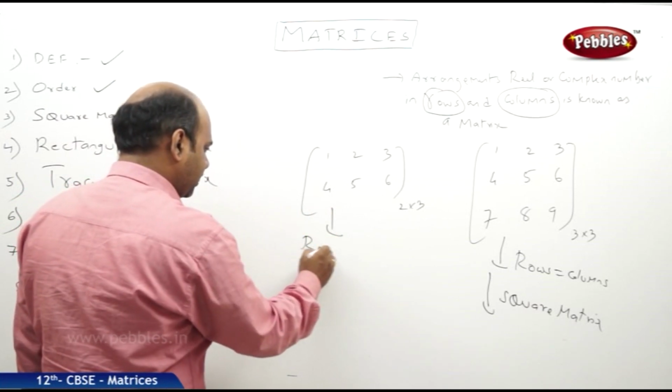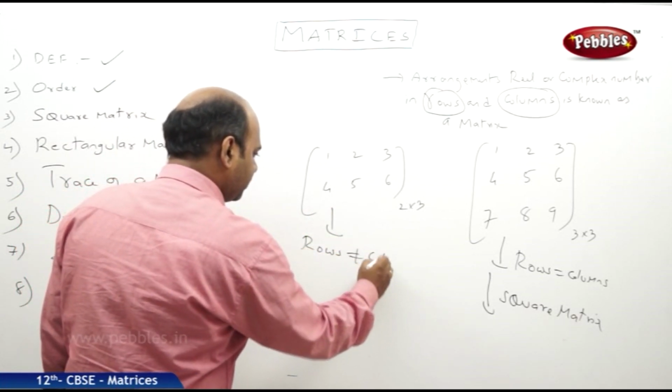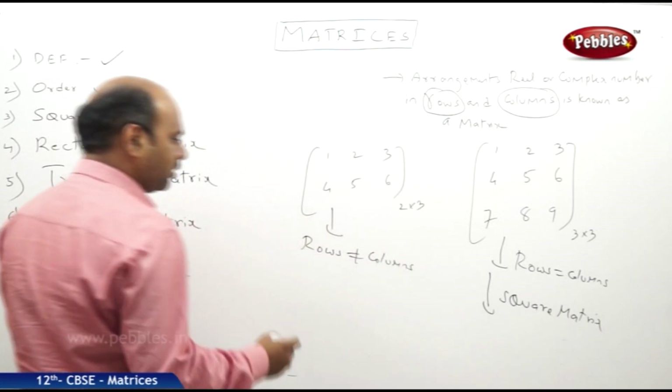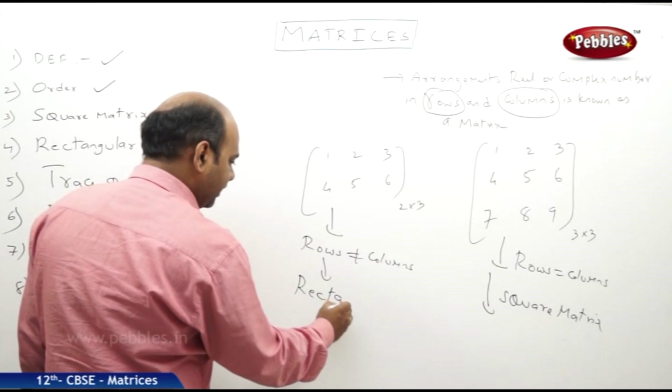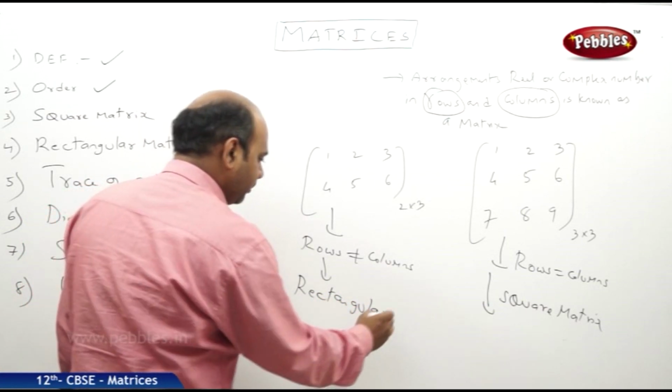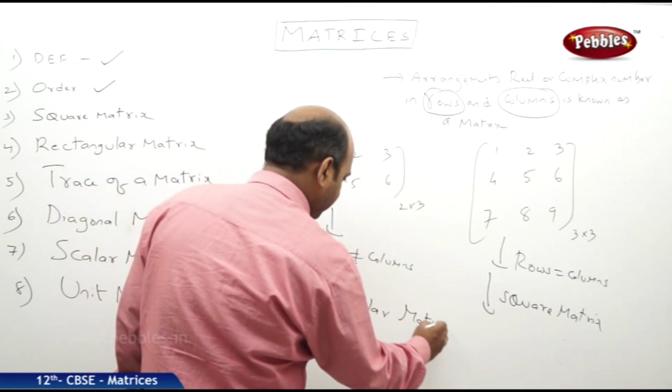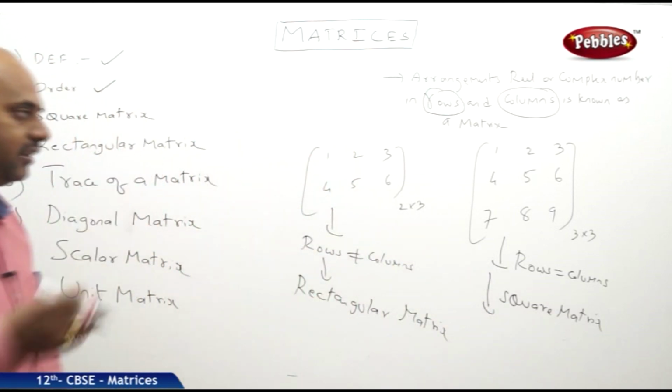Whenever rows are not equal to columns, we call this kind of matrix a rectangular matrix.